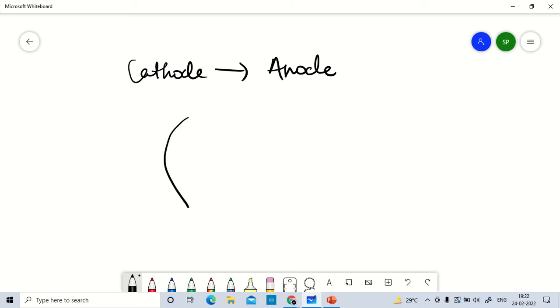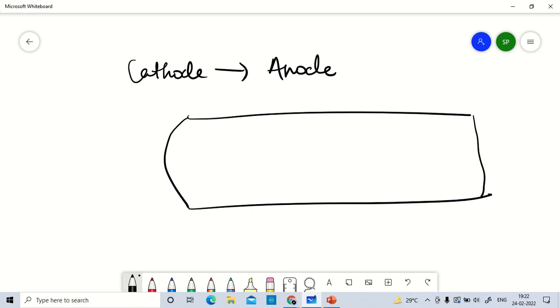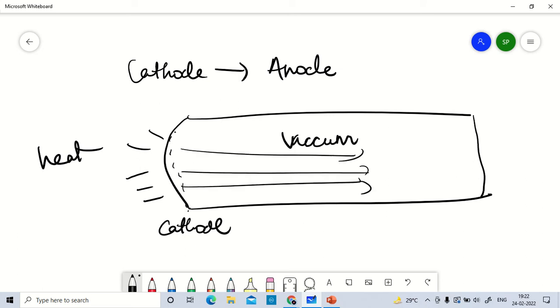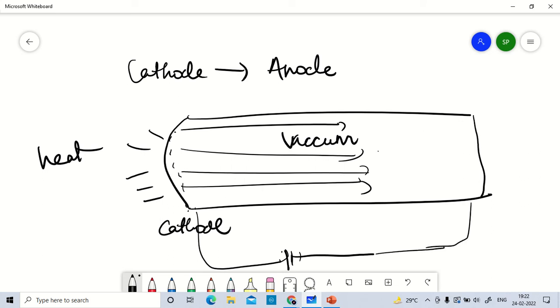Now the vacuum tube, it was somewhat like this setup. This was the cathode, and they used to heat the cathode so that the electrons would come out. Over here used to be vacuum, and the electrons would go to the anode, and a specific voltage was applied, of course, in order to control the flow of electrons.